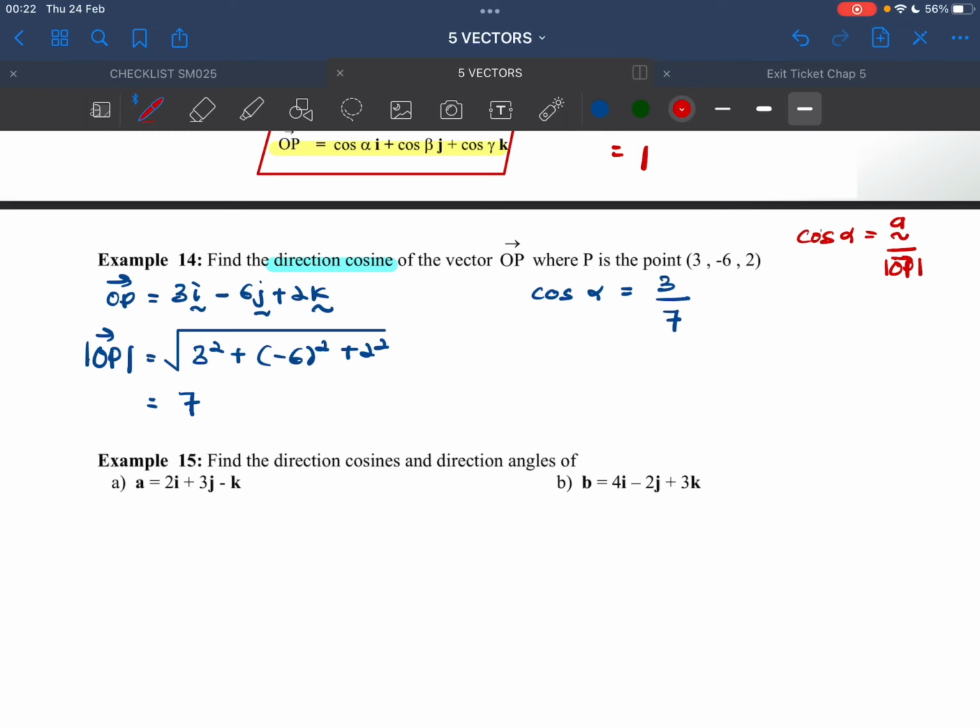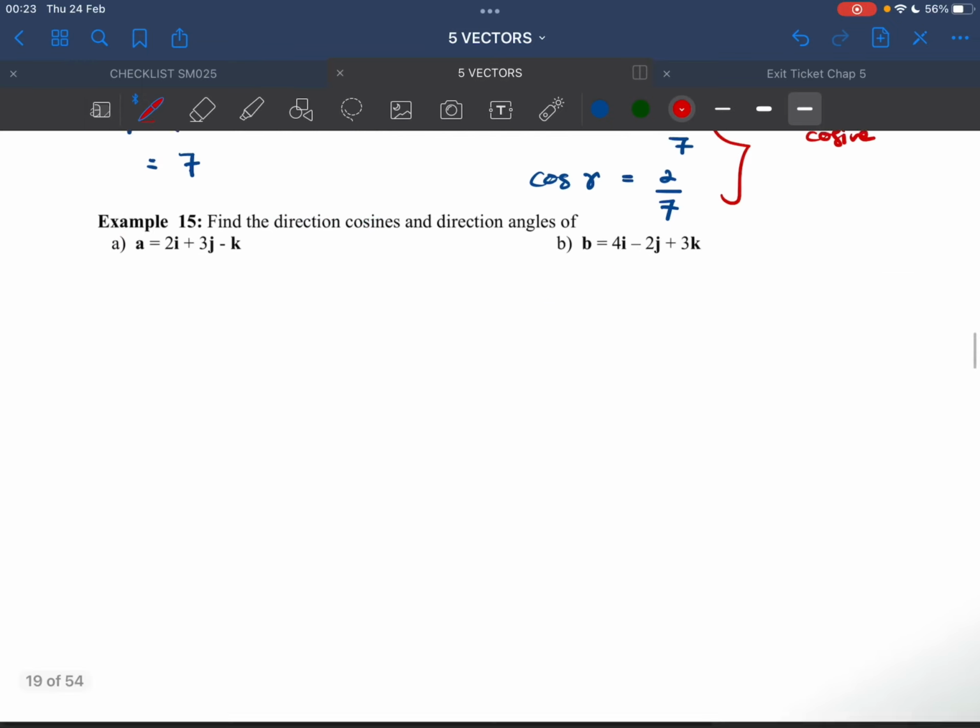Now we continue: cos beta equals the vector component, which is negative 6 here, over the magnitude, and then lastly cos gamma equals 2 over 7, and this is our direction cosine. Just like that, you don't have to find the angle or so on, only if the question asks.